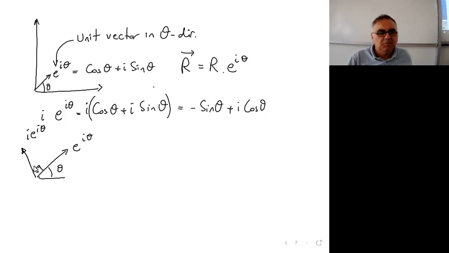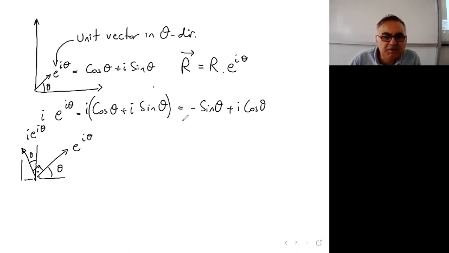Okay. Because as you see here, now this angle is theta. This angle has become theta. So that its y component is cosine and its x component is minus sine, as you see, because it's a minus now.